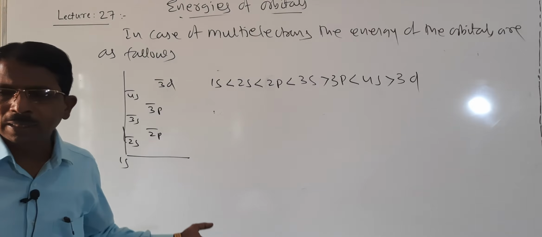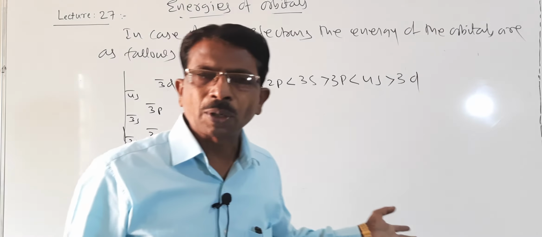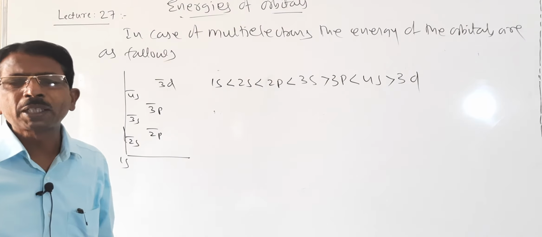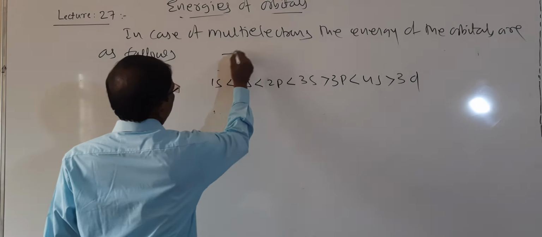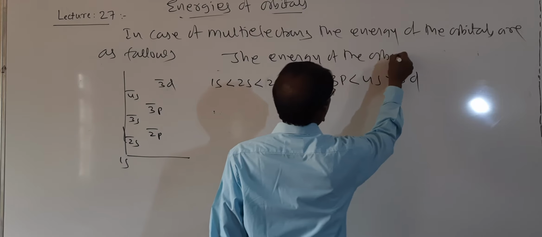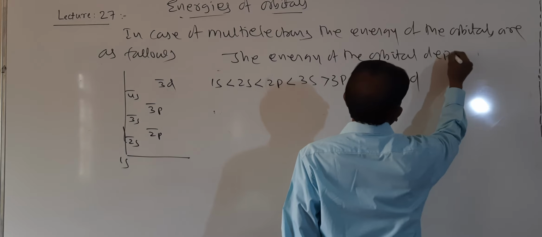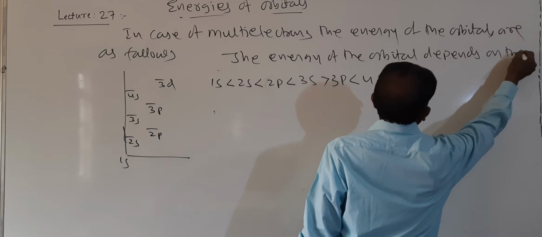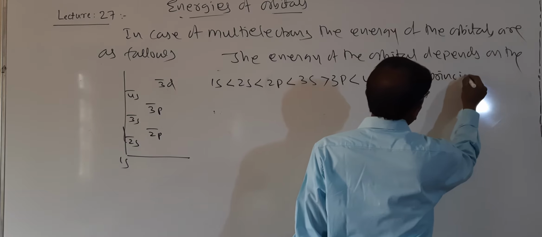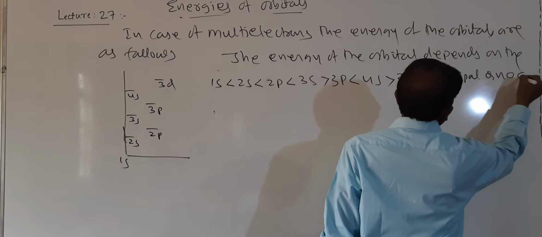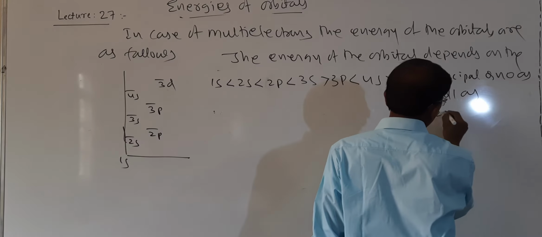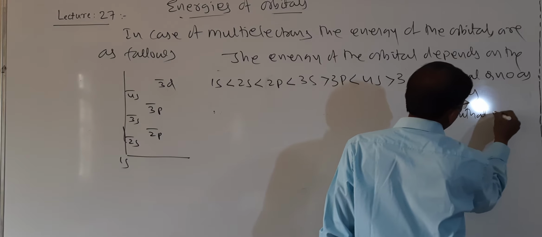Or you may say, in case of multi-electron atom, the energy of the electron depends on the principal quantum number as well as on the azimuthal quantum number. Here the energy of the orbital depends on the principal quantum number as well as azimuthal quantum number.